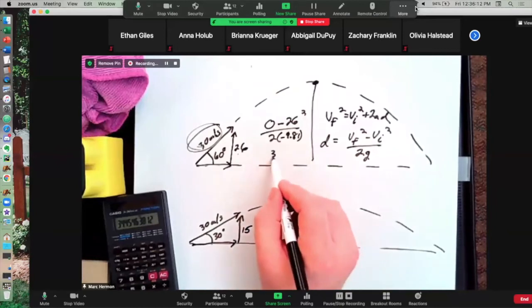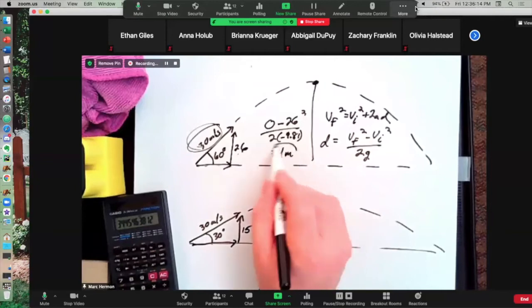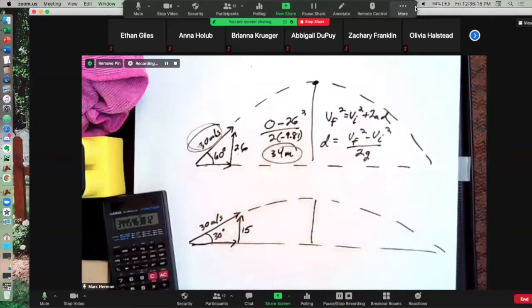This looks like it's 34 and a half meters, maybe, height. I can do the same thing down here. It'd be 0 minus 15 squared divided by 2 times negative 9.81 would be my height.